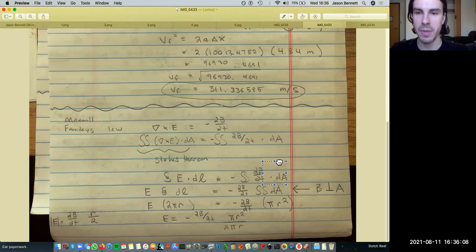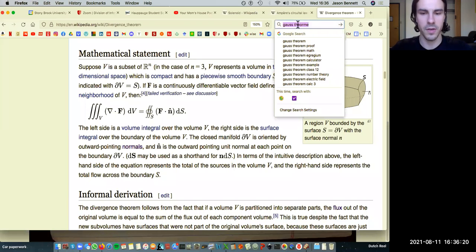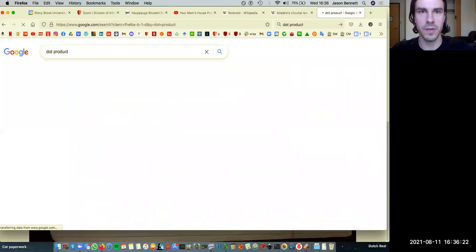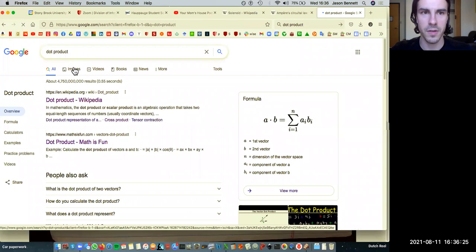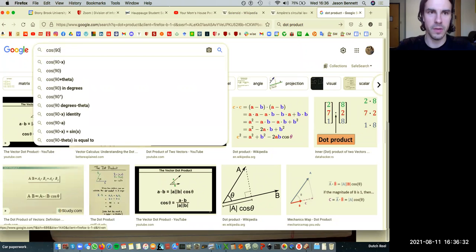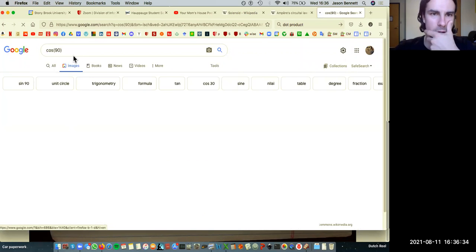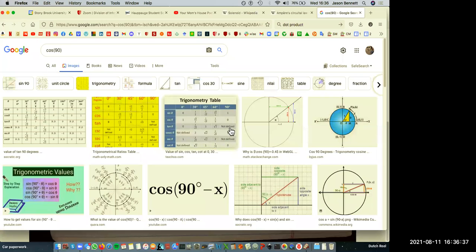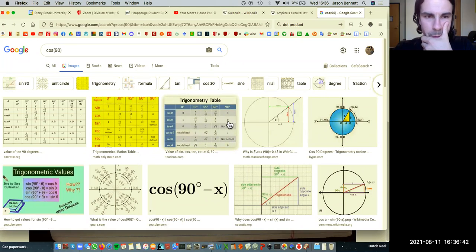There's no reason for me to care about the dot product anymore because sine of 90 is, no, cosine of, what's the dot product? I forget. I think it's cosine. Yes, cosine. And I hope cosine of 90 is 1. I don't think it is though. I think it's -1. Why is it here?